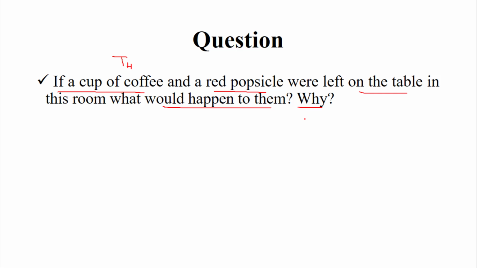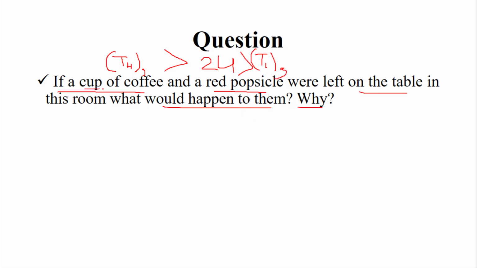So, as you expect, you are living in a room where the temperature is around 25, 24, something like this. So if the room temperature is 24, which is less than the temperature of the cup of coffee, and it is higher than the temperature of the popsicle, the ice cream, what will happen?